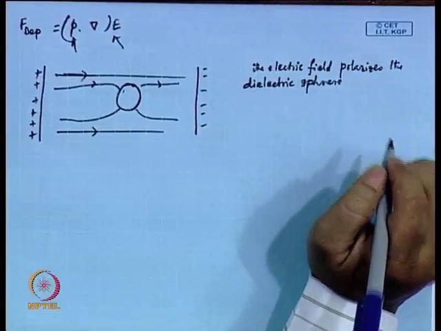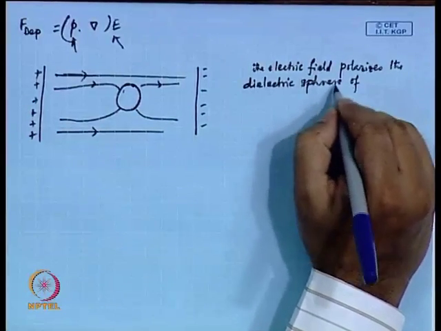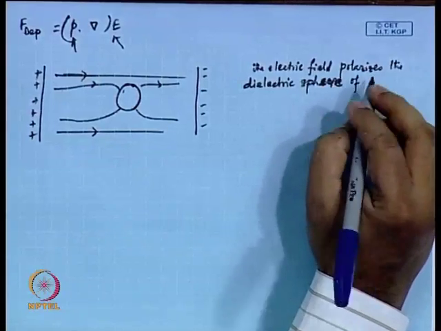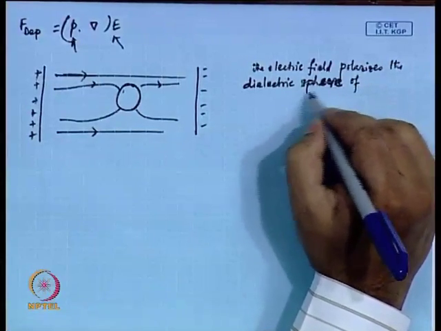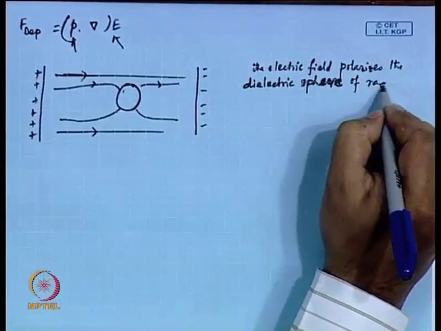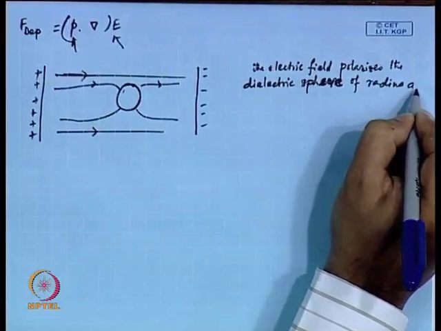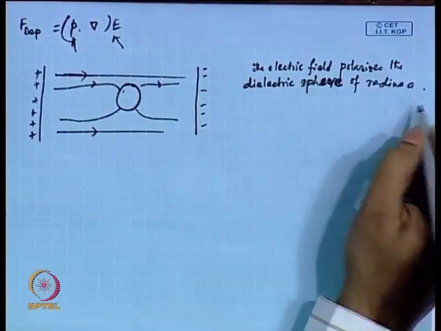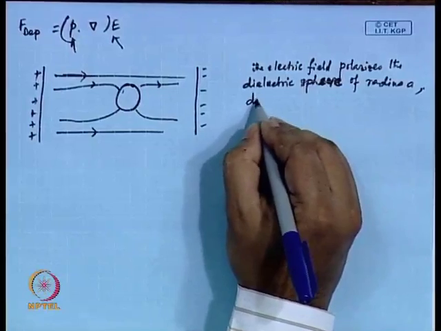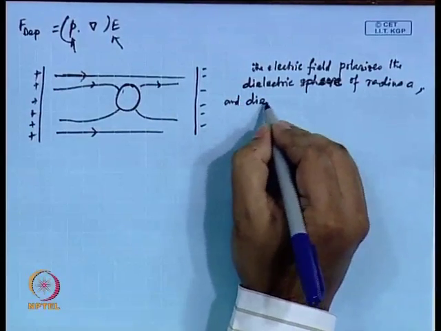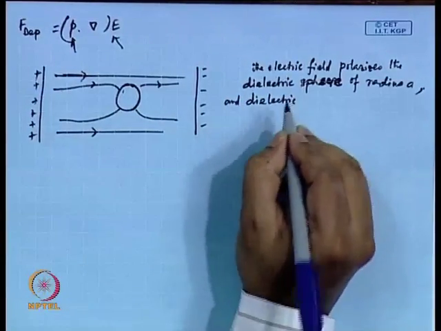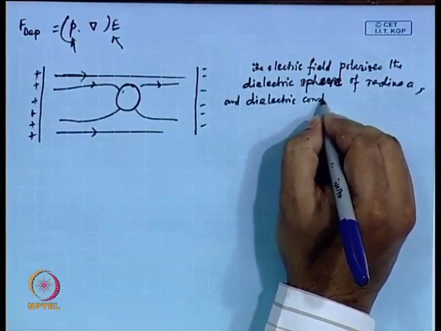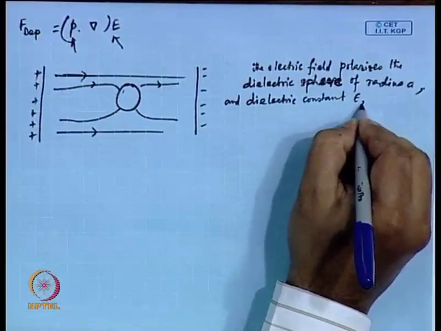The electric field polarizes the dielectric sphere, which I write as a sphere of radius A and dielectric constant epsilon 2.